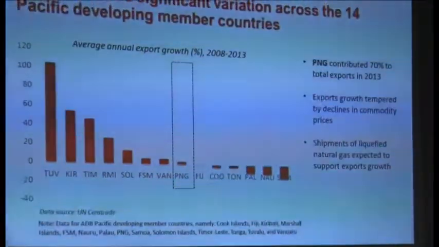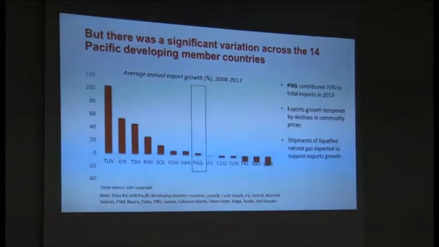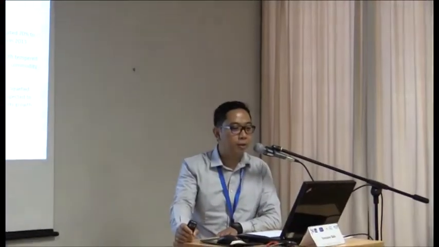In the middle of the pack is PNG. The average growth is 2.7% annually from 2008 to 2013. But despite that relatively small growth, it contributes 70% to total Pacific exports. And it's pre-LNG. Yes.